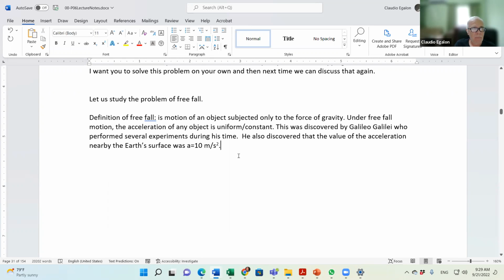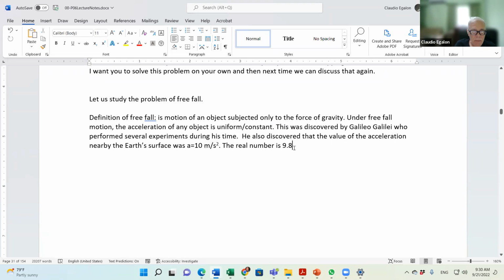But we can approximate that to 10 meters per second squared to get just about a 2% error in the calculations. The real number is 9.8 meters per second squared.